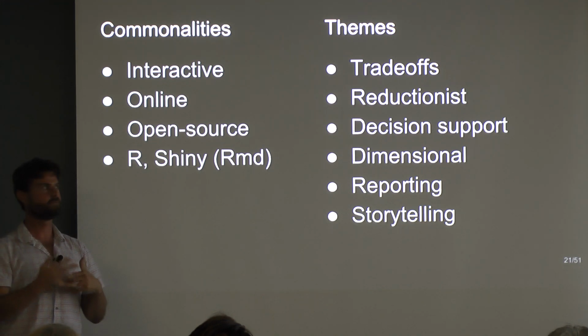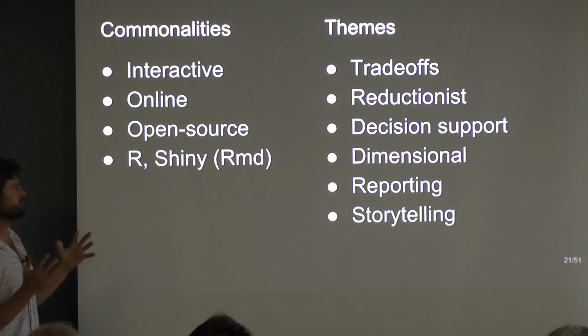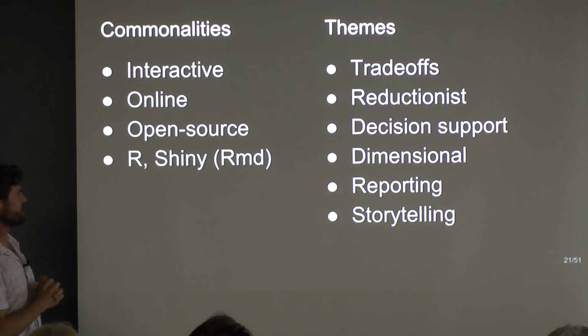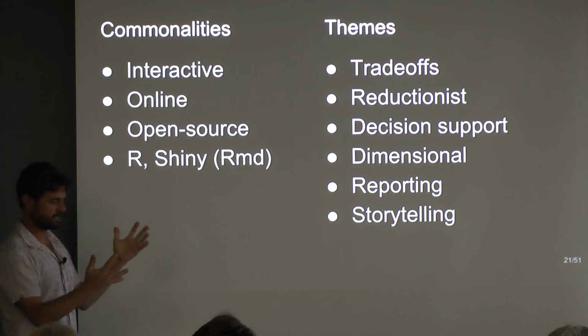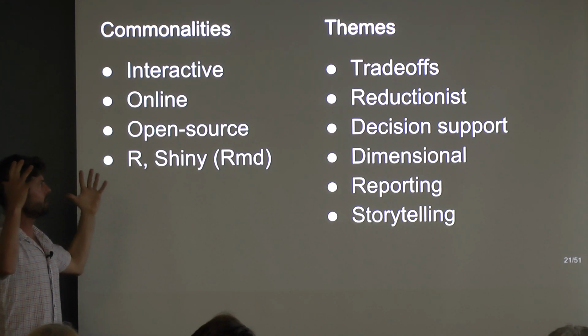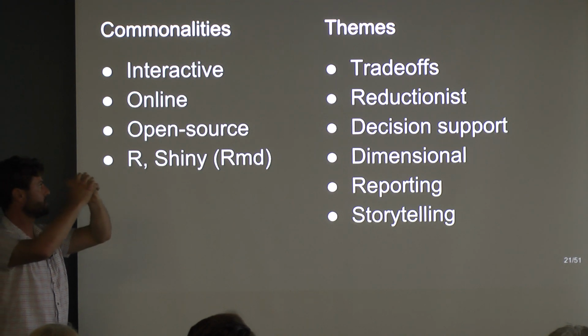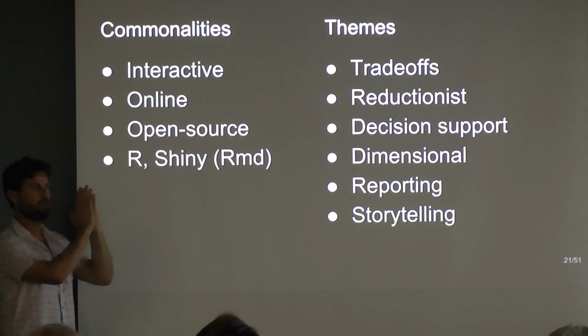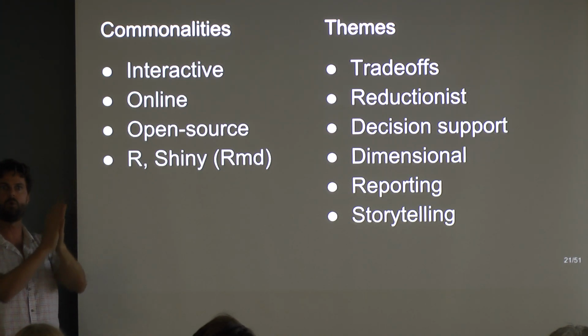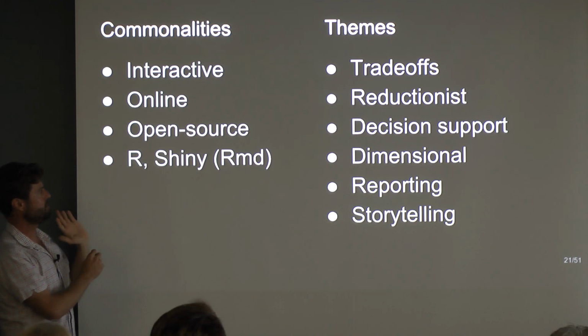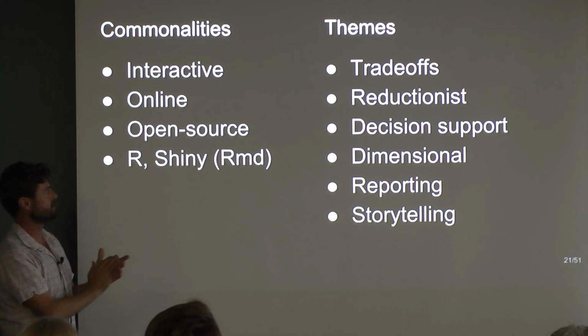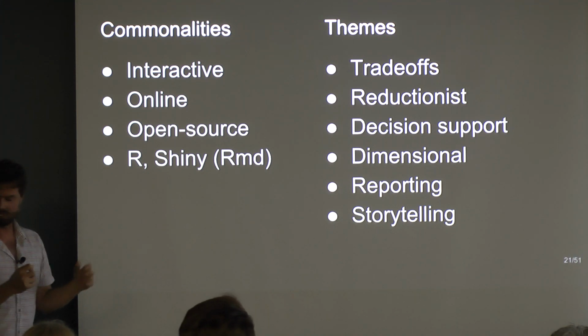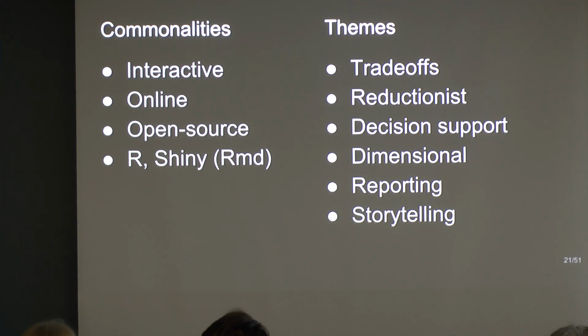It becomes very useful for stakeholder-driven exercises because everything's a trade-off. Reductionist, so that's like the Ocean Health Index. A lot of data going in, summarizing to a single score. So you can give it to the decision maker. Those who want to know more, they can dive deeper. And really, it's about making decisions. And dimensional data, and storytelling, data-driven storytelling is like the infographic.